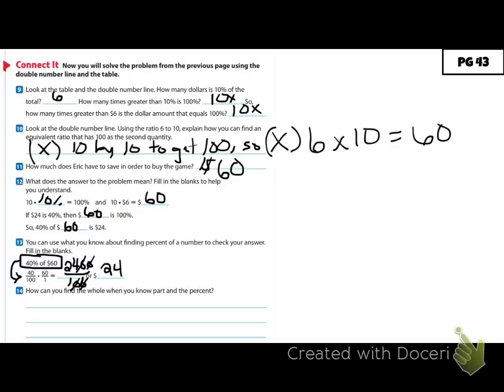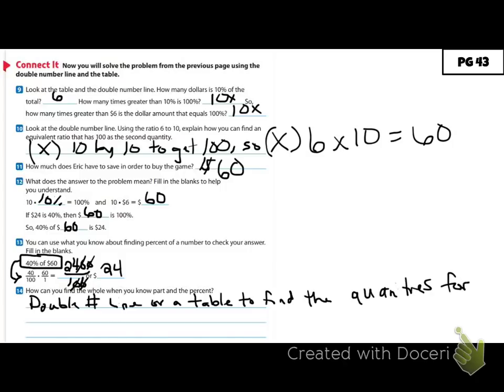14. How can you find the whole when you know the part and the percent? Well, look at the models that you were given. You can use a double number line or a table to find the quantities for different percents.